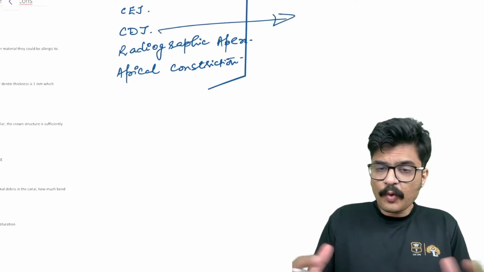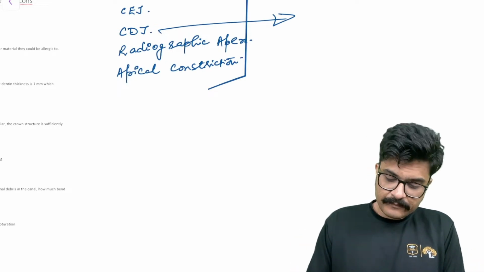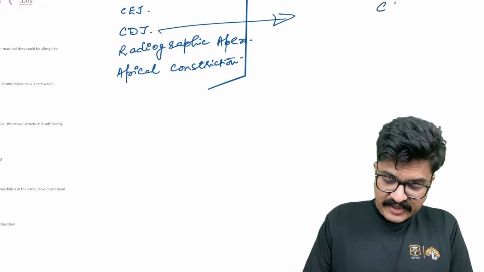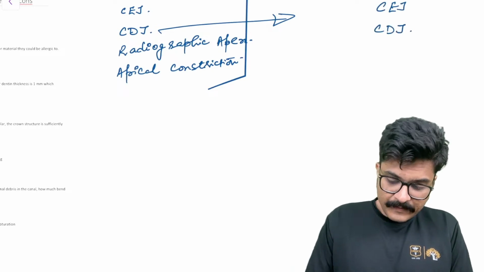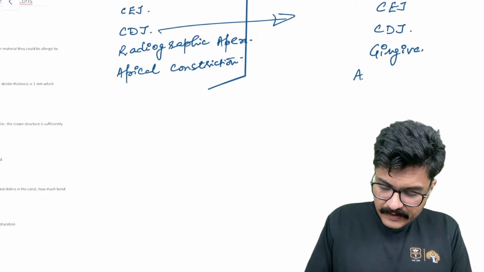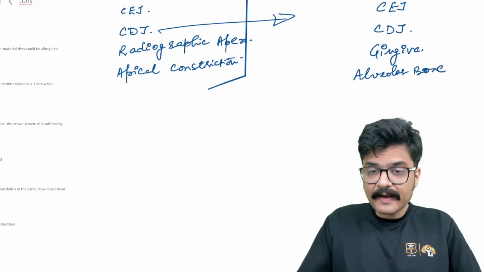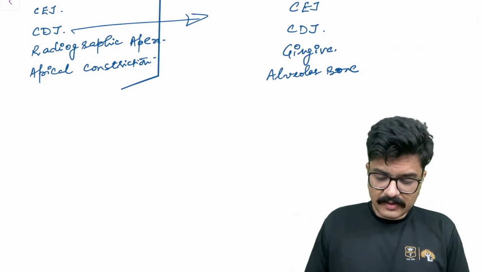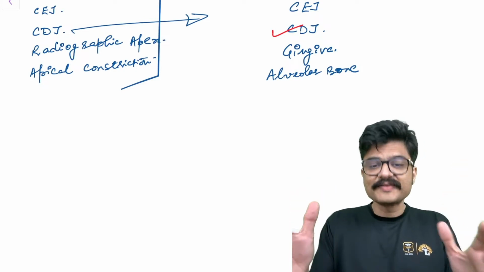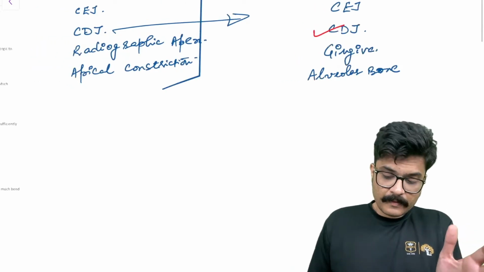So many a times, if you have options which are absolutely unrelated to apical anatomy, like, for example, if the options were reframed as the CEJ, the CDJ, the gingiva, all right, and the alveolar bone, guys, then the option is straight away simple. The answer is CDJ.